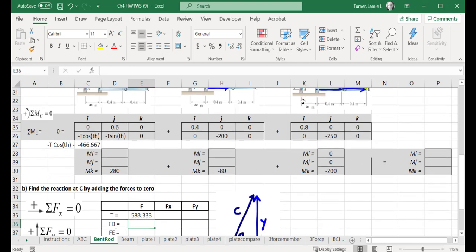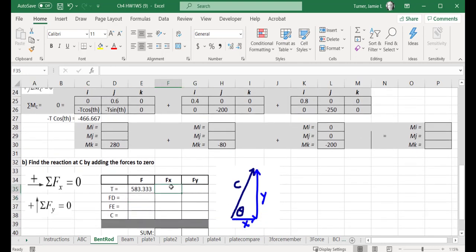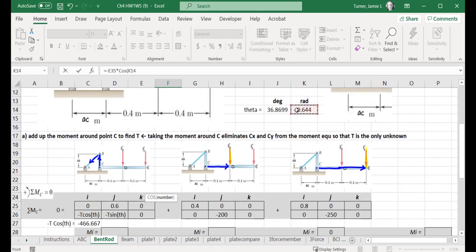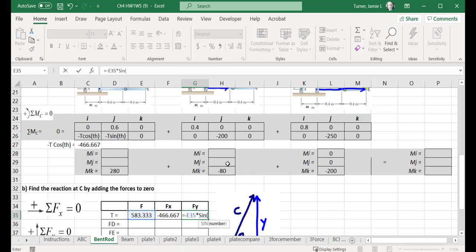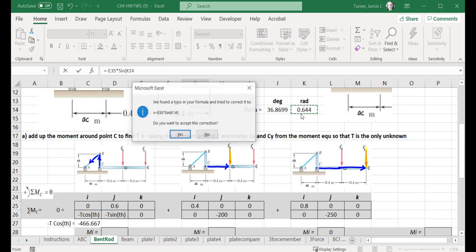So I'm just grabbing pieces of information. And here's my x component, it was negative cosine of that angle. And then my y component is going down, and it was opposite of that angle.